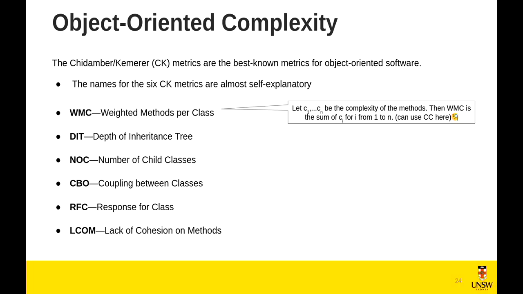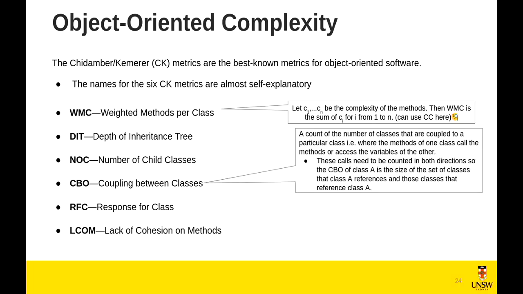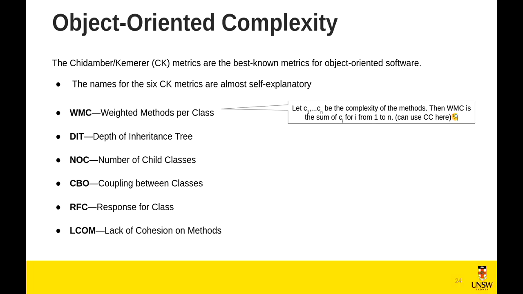This is the second one. Another metric here is NOC, number of child classes. It's also quite straightforward and related to the inheritance tree. We just count how many child classes inherit this class.